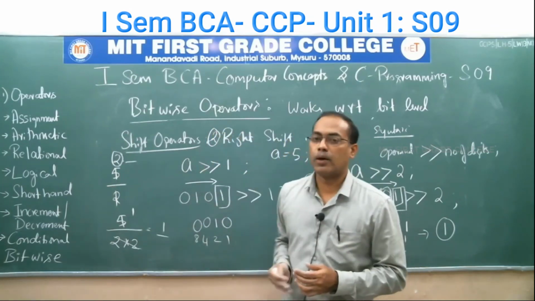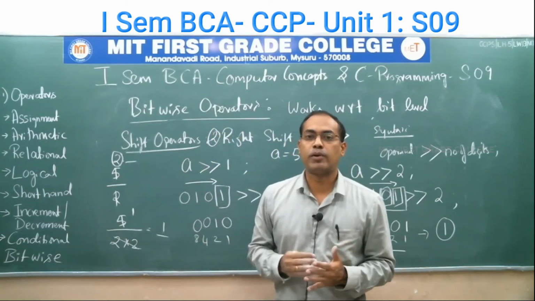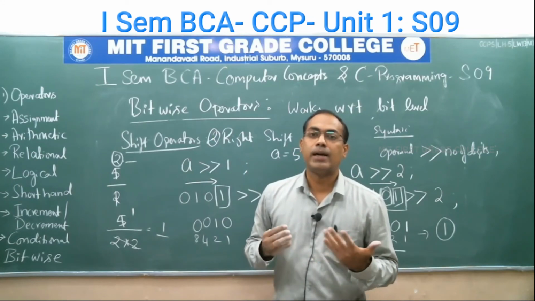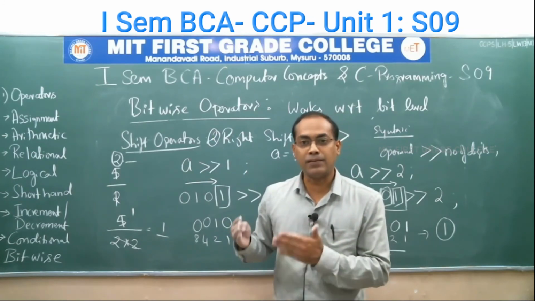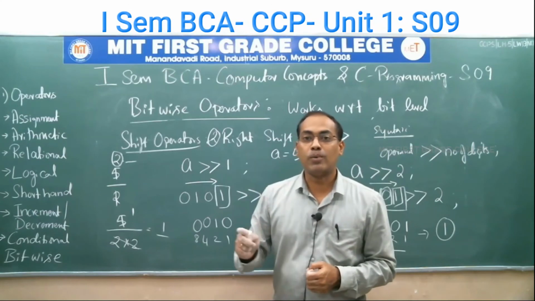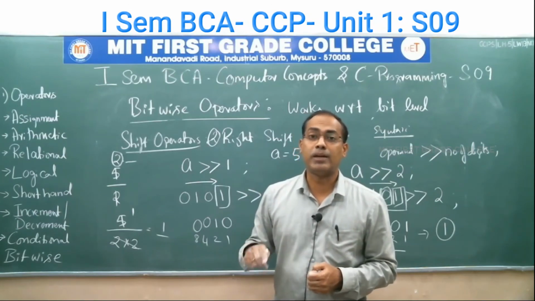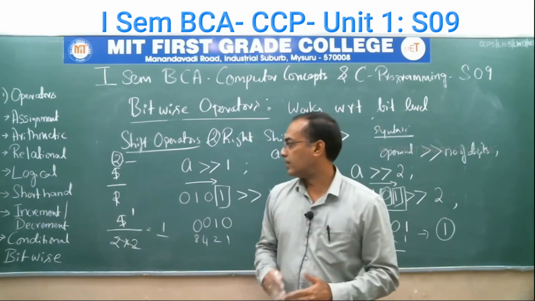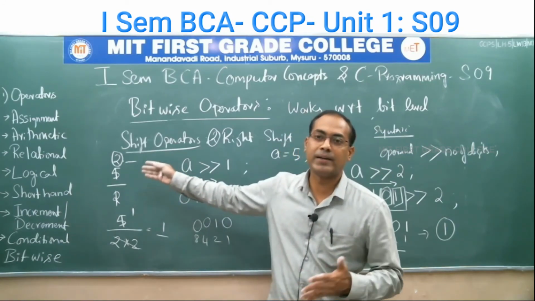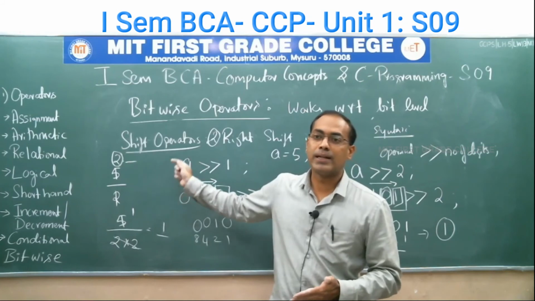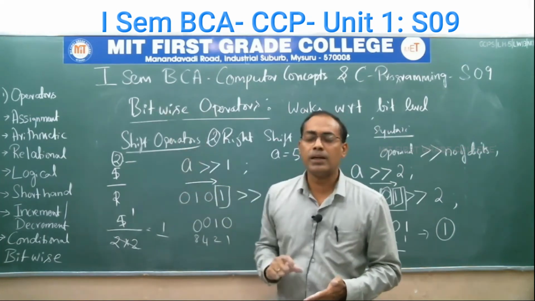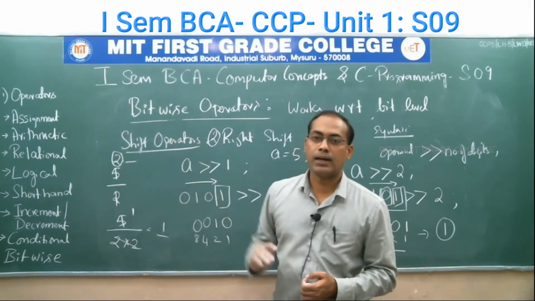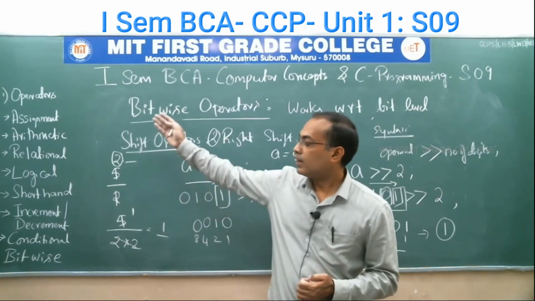Arithmetic operators are used to perform arithmetic operations like addition, subtraction, multiplication, division. We also learnt one more operation, the modulus operation, in which we get the remainder of the division. When we divide 5 by 2 and want the remainder 1, we go with the modulus operator among the arithmetic operators.